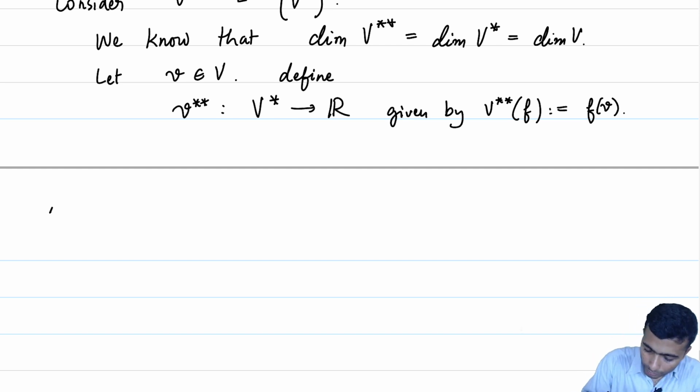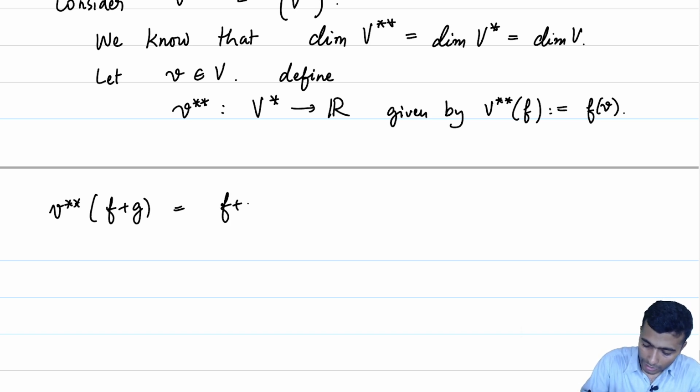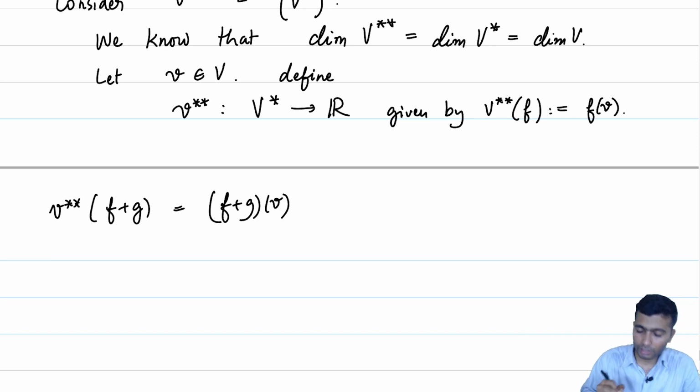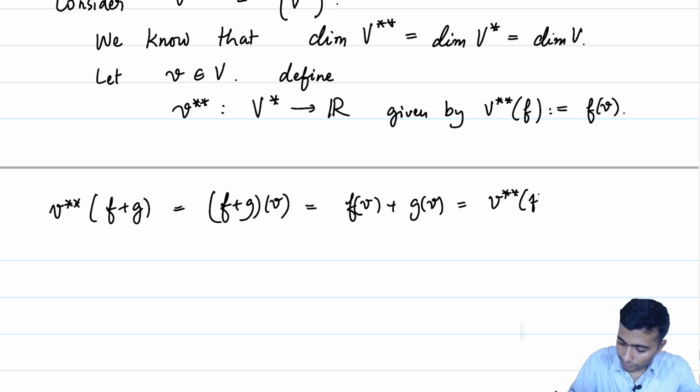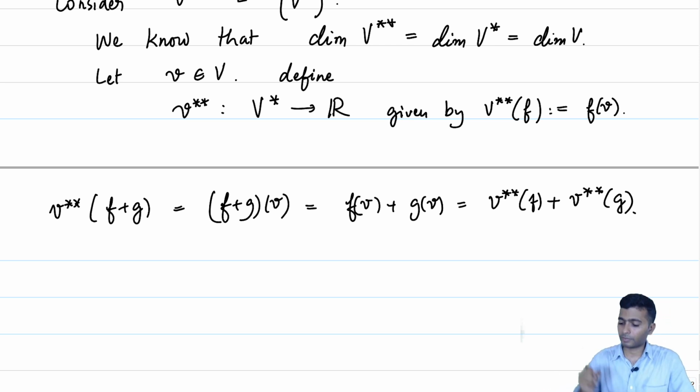Let us just have a quick look at it. v star star of f plus g is just going to be equal to f plus g of v, which by definition is equal to f of v plus g of v, which is equal to v star star of f plus v star star of g. And similarly, v star star of cf is equal to c times v star star of f.